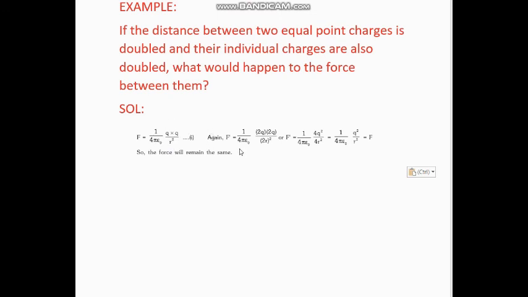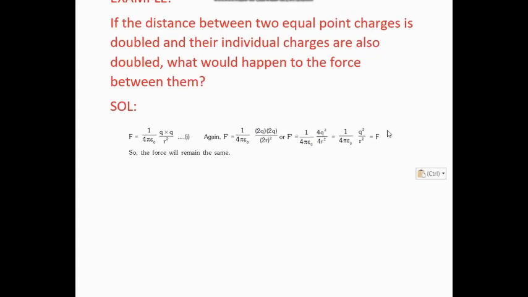Now final force F dash is equal to 1 by 4 pi epsilon naught into 2q into 2q divided by 2r whole square, which is 1 by 4 pi epsilon naught into 4q square divided by 4r square. So again force is the same. So the force will remain the same.